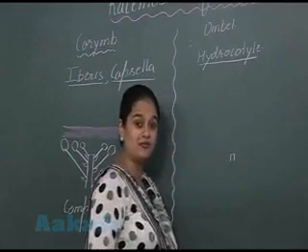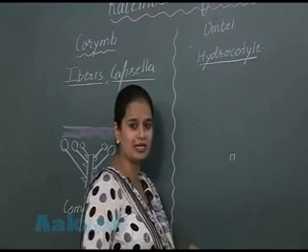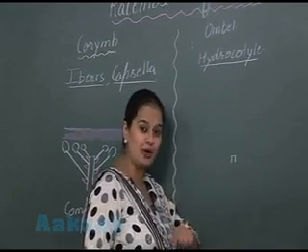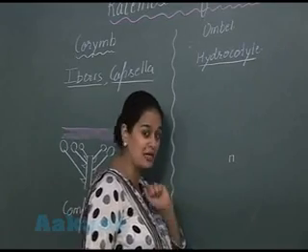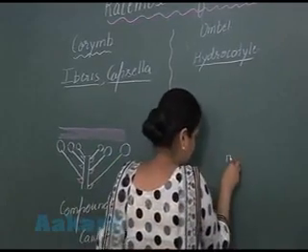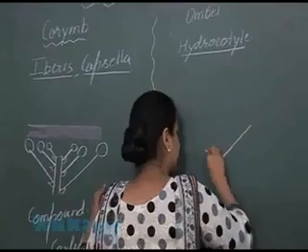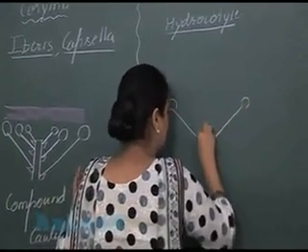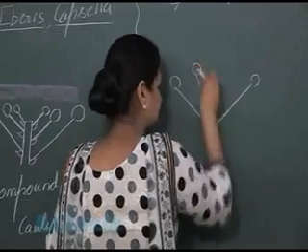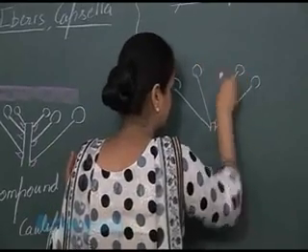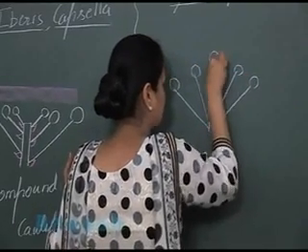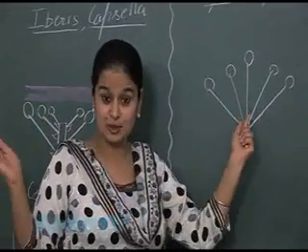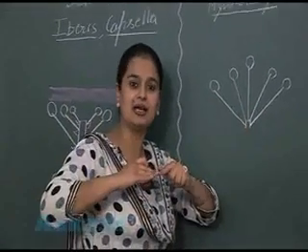So all the flowers are going to arise from the same point. You can see here the flowers are arising from the same point, and they are radiating towards the outside.